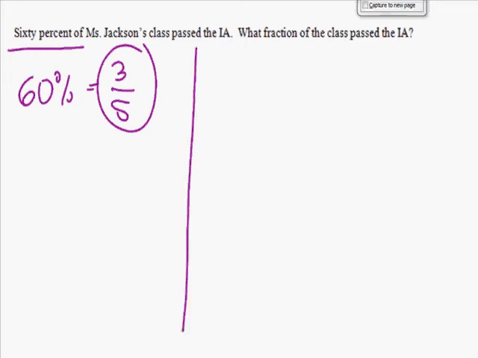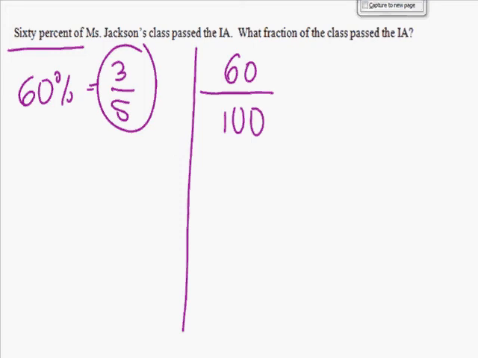Another way to solve this, if you don't have your common conversions memorized, is to use the algorithm. We know that percent means out of 100, so that means that the denominator of any percentage is 100. So this fraction, 60 out of 100, is a fraction, but we need to simplify.